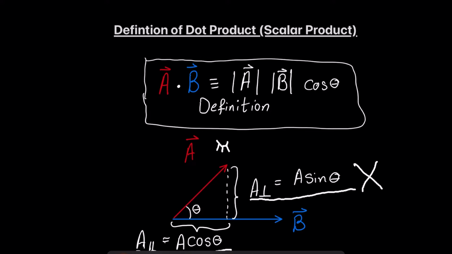The one we're using in the dot product is the parallel component of A, which is A cosine theta. So basically, the definition of the dot product is: take the parallel component of A and multiply that by the magnitude of B. The result is a scalar, not a vector. That's why it's also known as the scalar product.